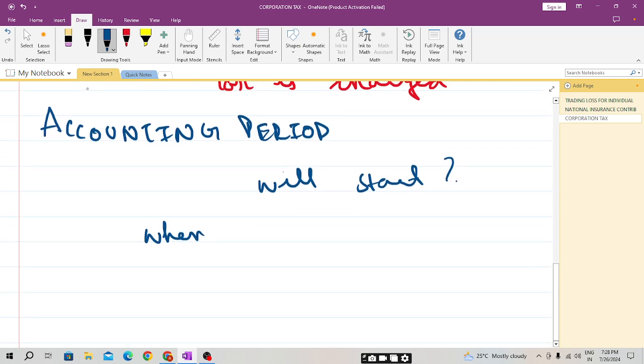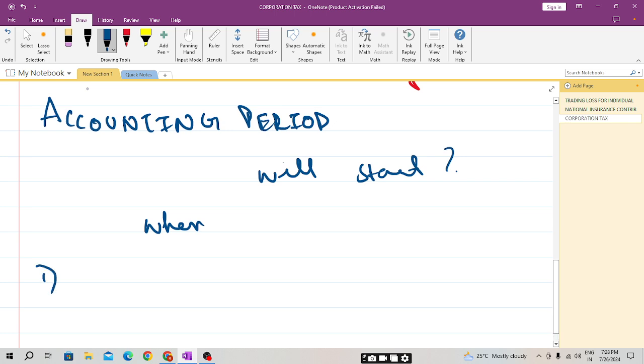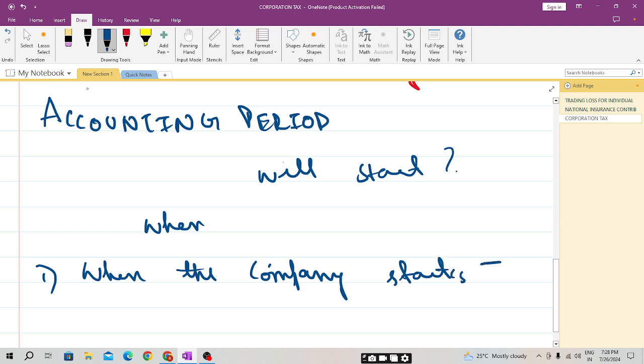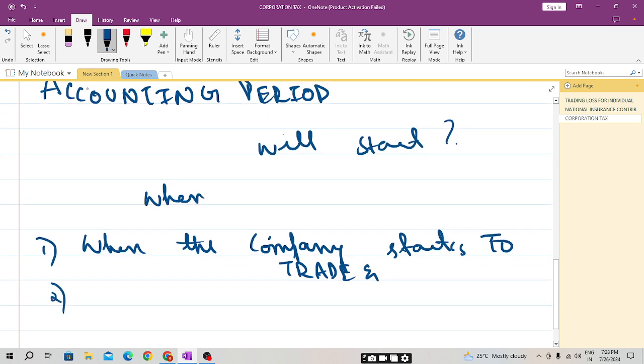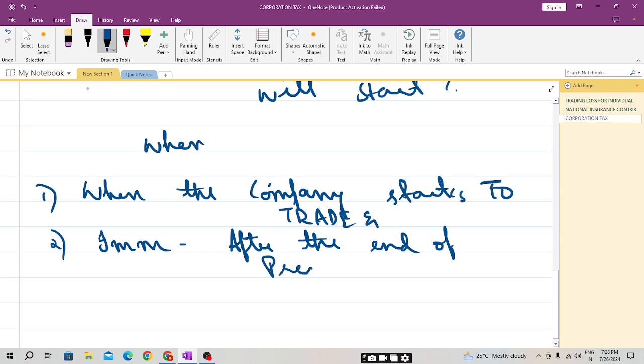The first case is when the company starts to trade, and the second case would be immediately after the end of the previous accounting period.